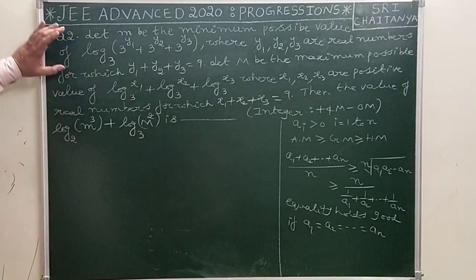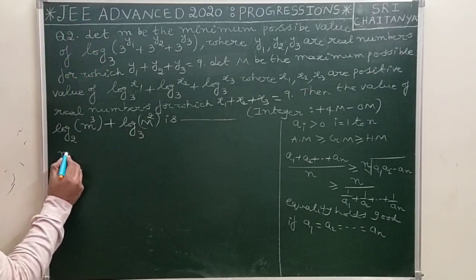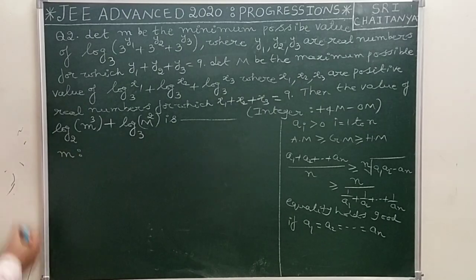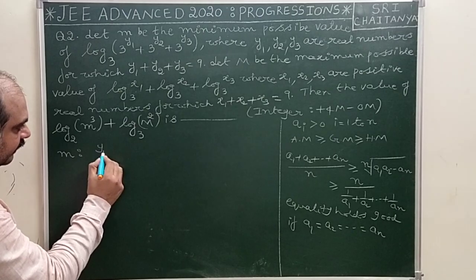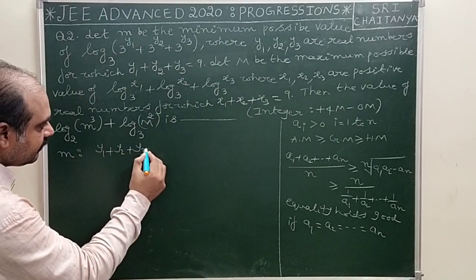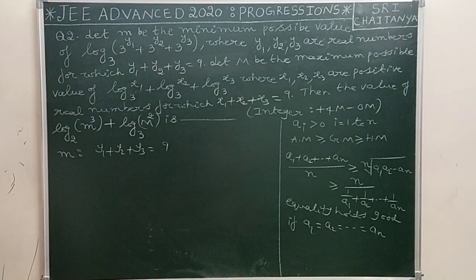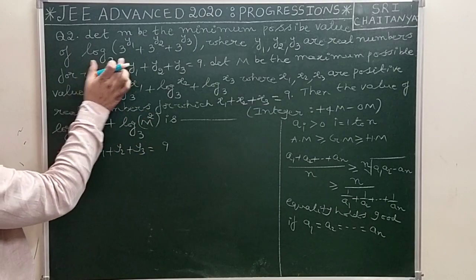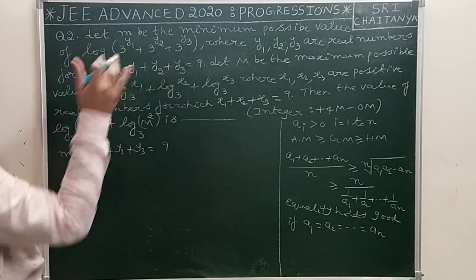Now look at our problem. First let us try to find m. Given y1, y2, y3, the first constraint is equal to 9. First forget about the logarithm, let us find the minimum possible value of this.